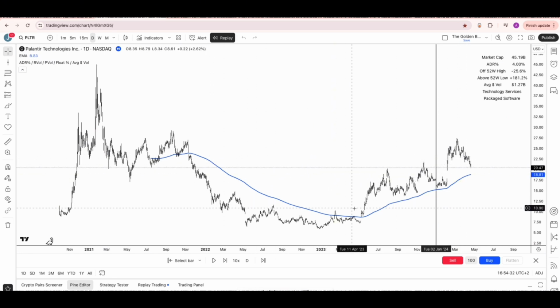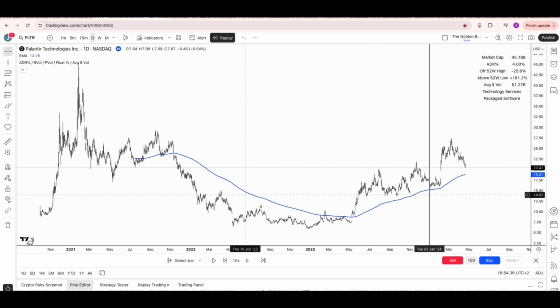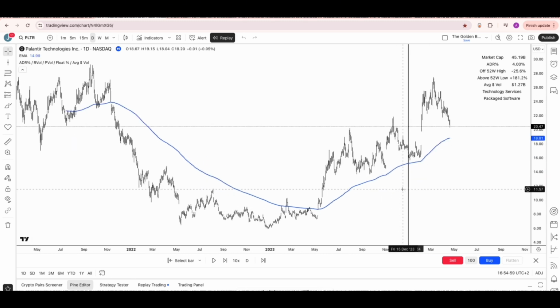And I use this one because I feel like it's very powerful at assessing the trend, because you can see when price was below the 200-day moving average, it consistently went lower, and there was no need to buy the stock below it, because it meant that as soon as you buy it, you would be in a loss. Compared to when the stock is above it, it's a very good idea to buy the stock because it's very likely that it will continue going up.